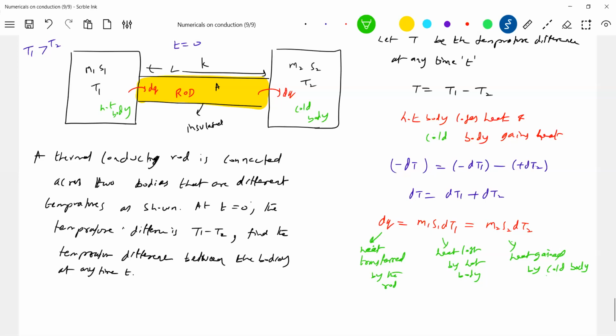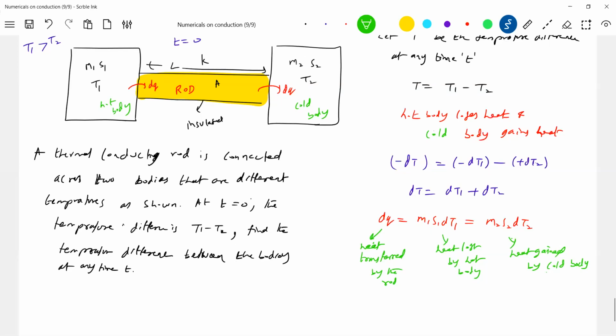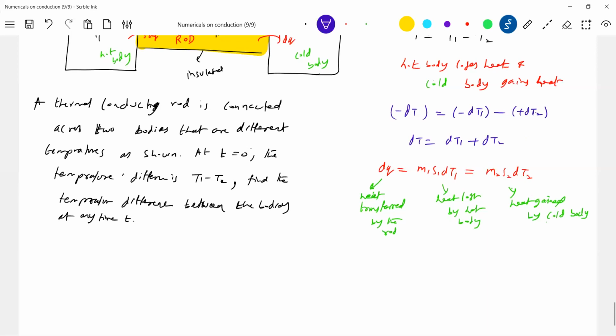Okay, now let me enter into the solving part. There's enough of physics. Rest all everything, let me replace dT1, dT2. So this will be m1 s1 dT1 by m2 s2. I'm substituting this in equation 1, 2.